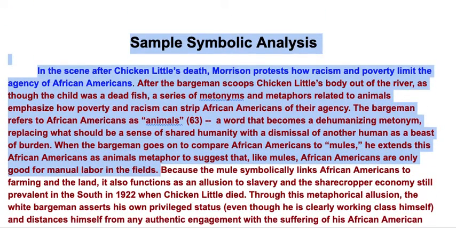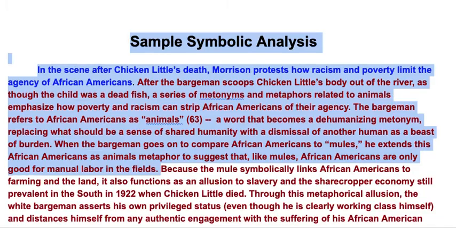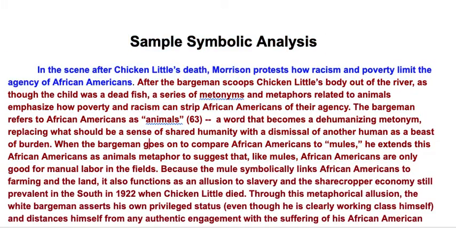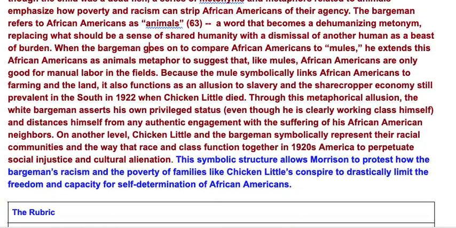So what we're talking about here is how you are carefully presenting, integrating, and then fully interpreting and explaining symbolic language as you work through this paragraph.